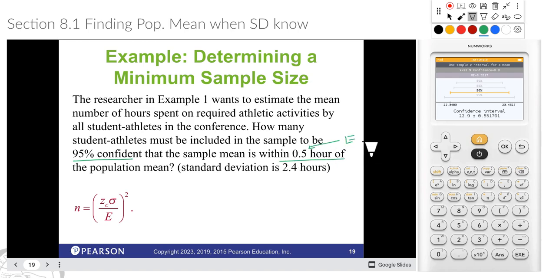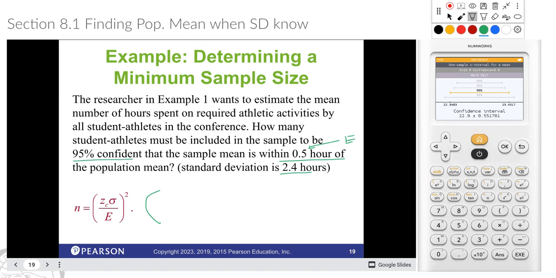It's our margin of error. So 0.5 plus and 0.5 minus. Remember from that, we were given the standard deviation is 2.4 hours. That's from the population. So what we do is, to calculate n, we need the critical z for 95.